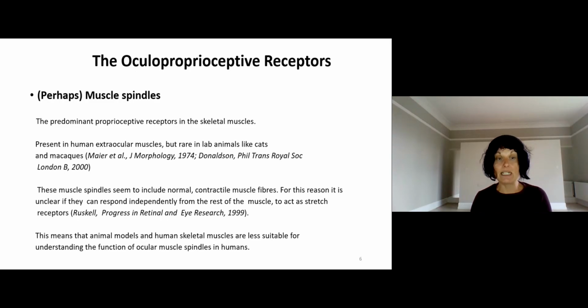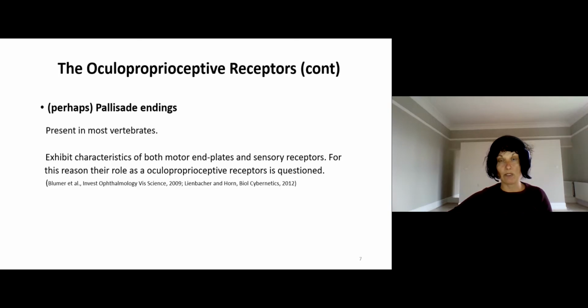For this reason, it is unclear if they can respond independently from the rest of the muscle to act as a stretch receptor. Now, all this means that animal models and human skeletal muscles are less suitable to understand the function of ocular muscle spindles in humans.